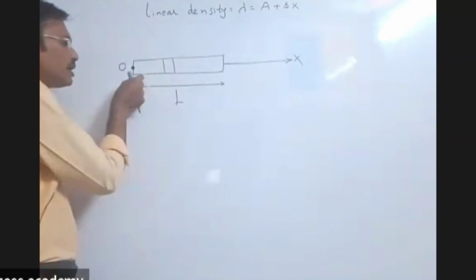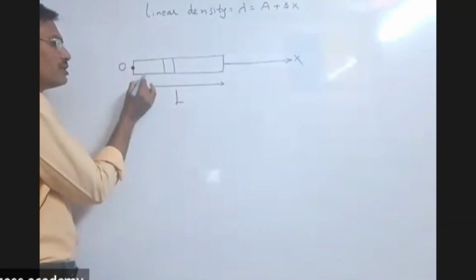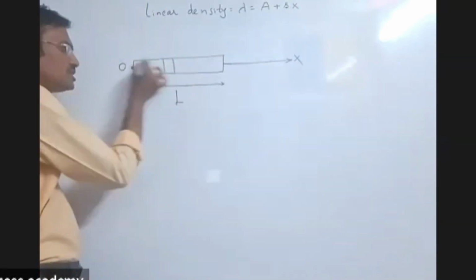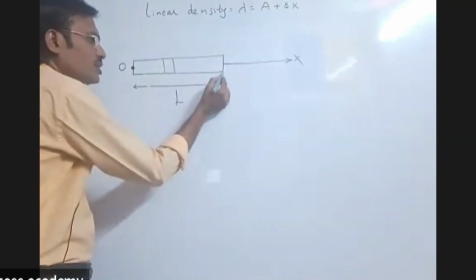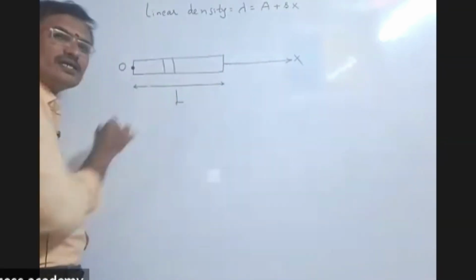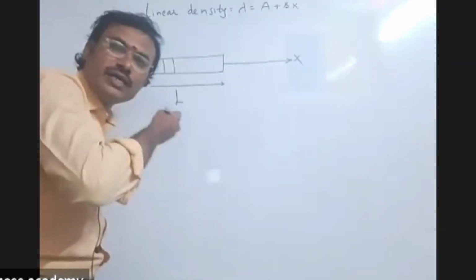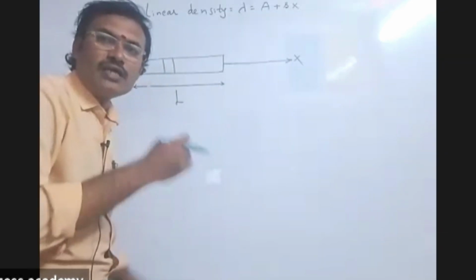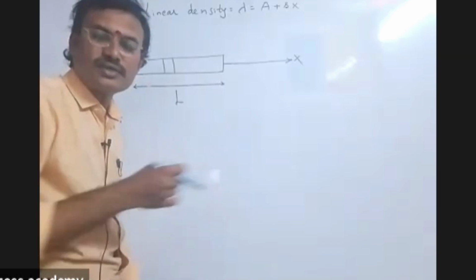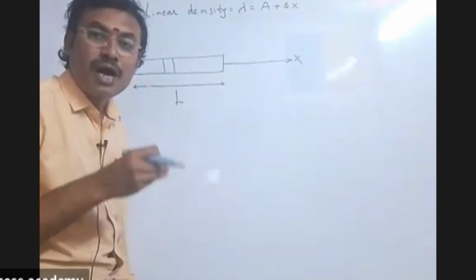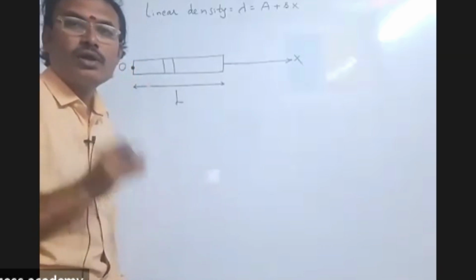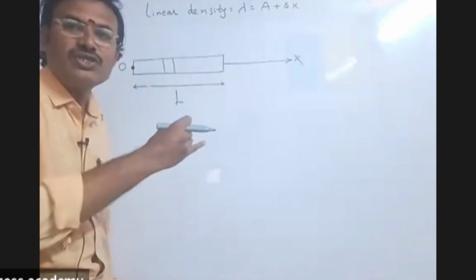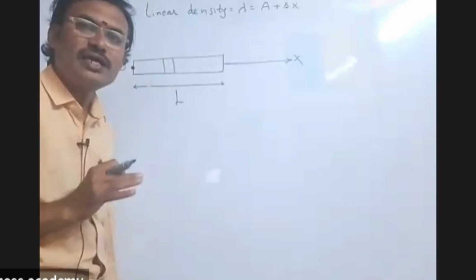For example, if you consider up to here, this much mass only I considered. If I consider up to here, this much mass I considered. It means if you go on increasing the length of the rod from the origin, the mass distribution also gradually increases. For that purpose, I considered a continuous mass distribution.